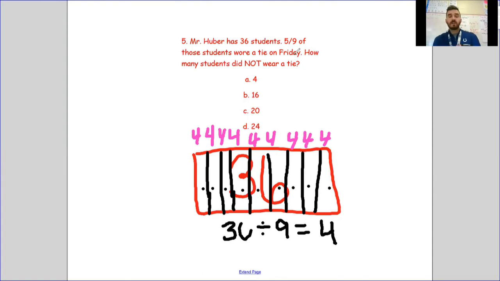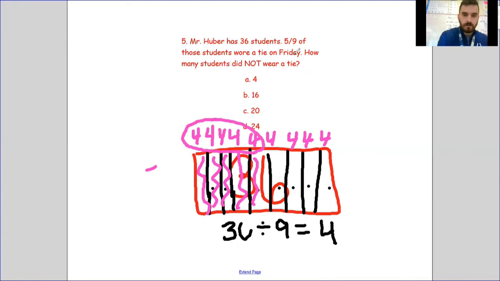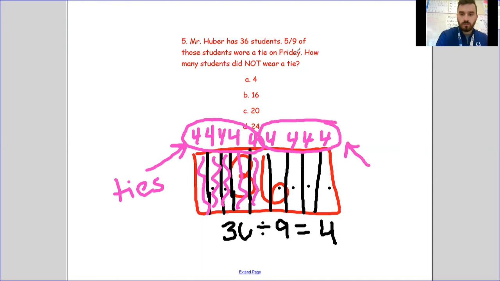Perfect. All right, so it says 5/9 of them wore a tie. 1, 2, 3, 4, 5. Let me circle them. They wore ties. That means these people, no ties. So look at what the question's asking.